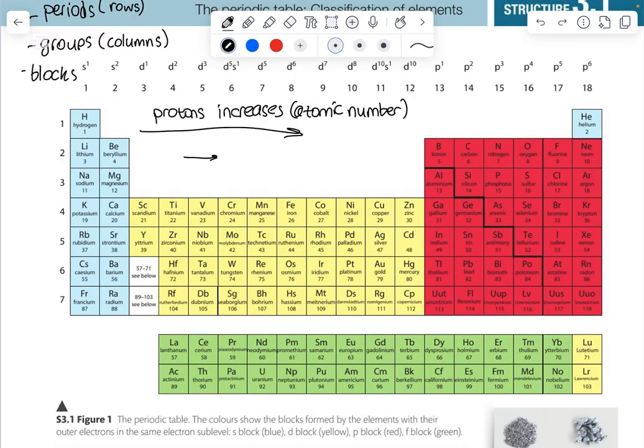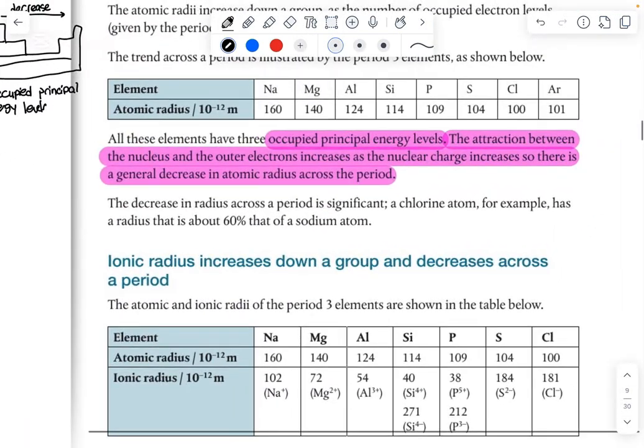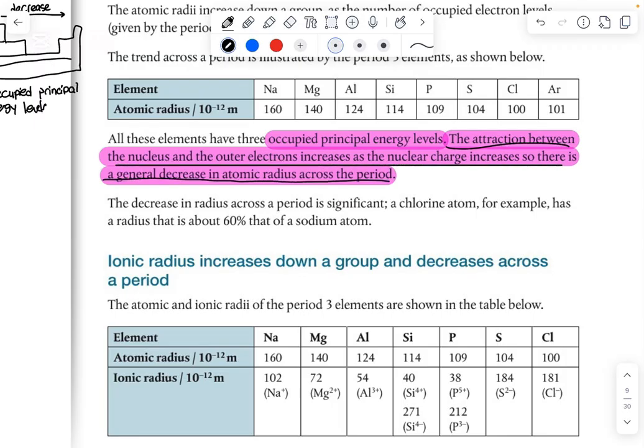If the number of protons increases, the nucleus is going to have a higher pull on the valence electrons, because the charge density of the nucleus is going to be more positive. And so it's going to attract electrons to the core, the nucleus, more. So to summarize, the attraction between the nucleus and the outer electrons increases as the nuclear charge increases, so there's a general decrease in atomic radius across a period.